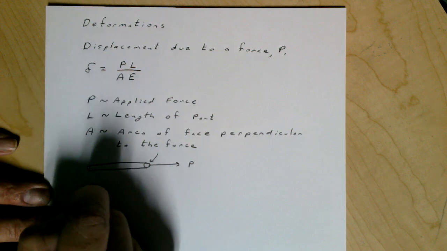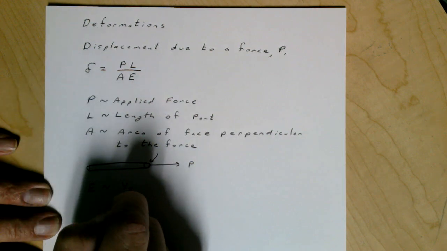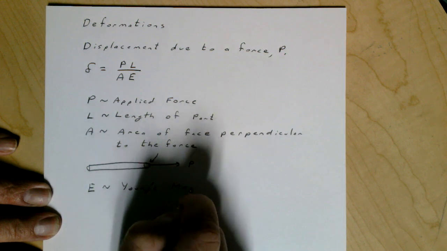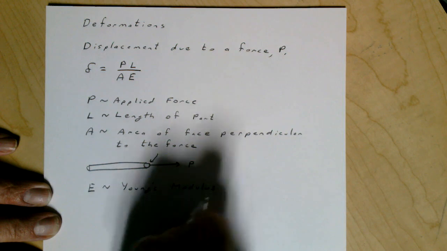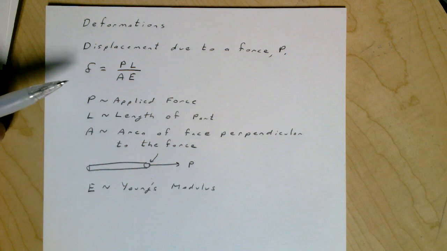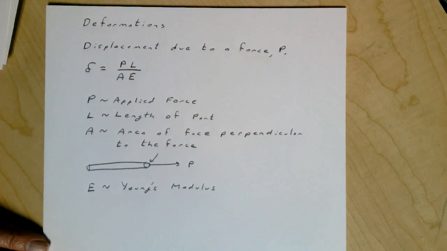And E is Young's modulus, which is usually found in the back of whatever text you might be using. So that gives you the displacement due to an applied, normal force.